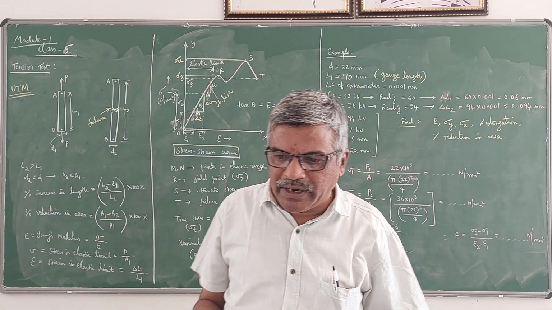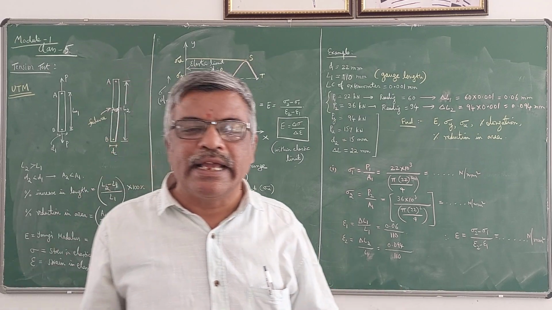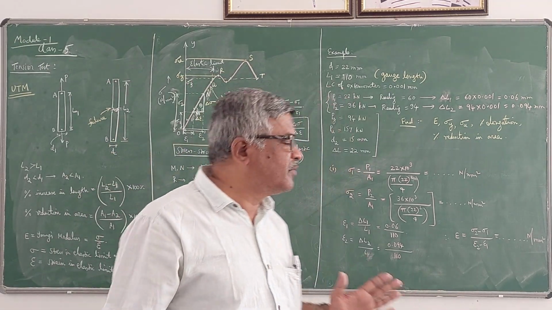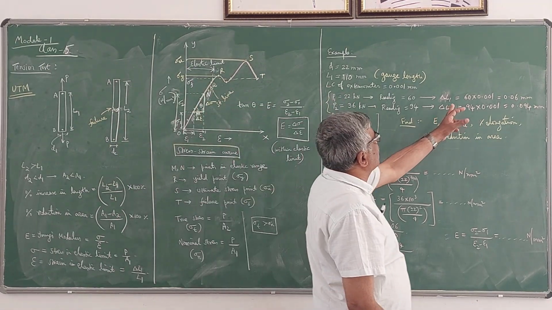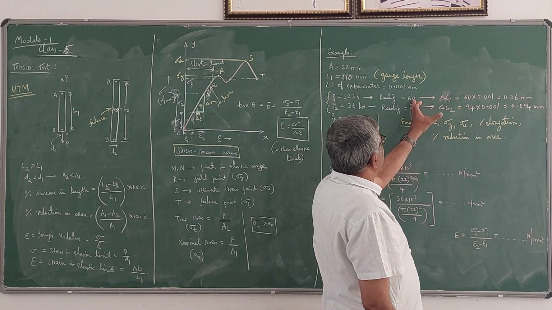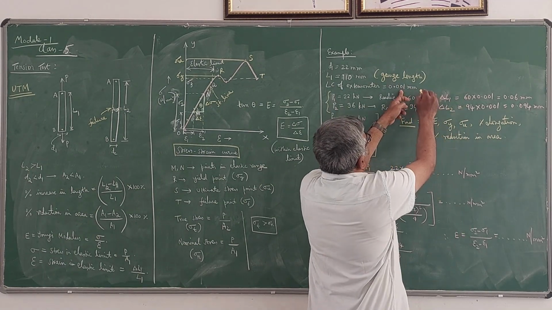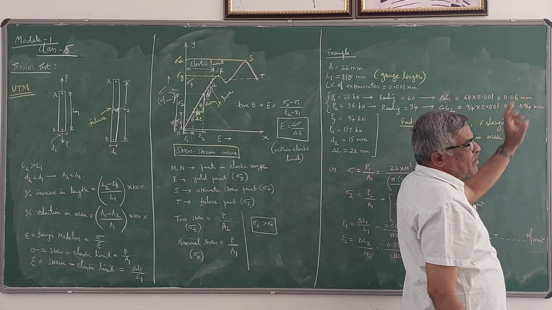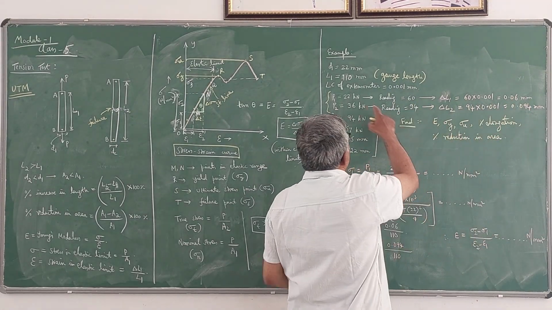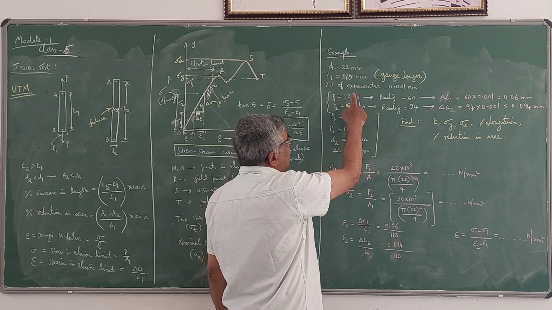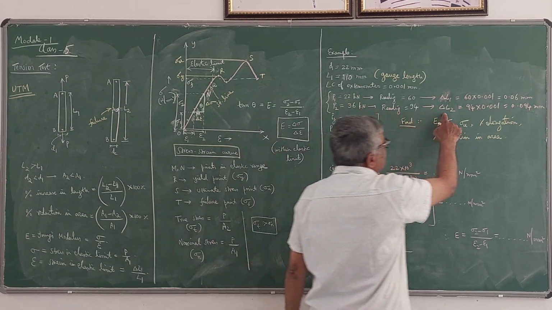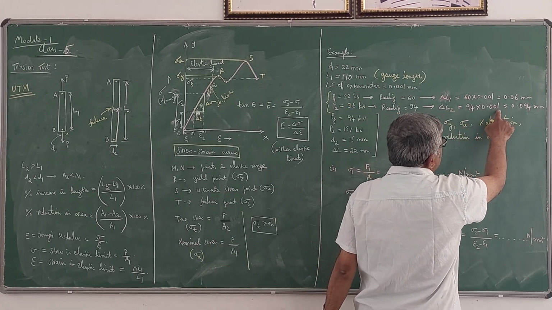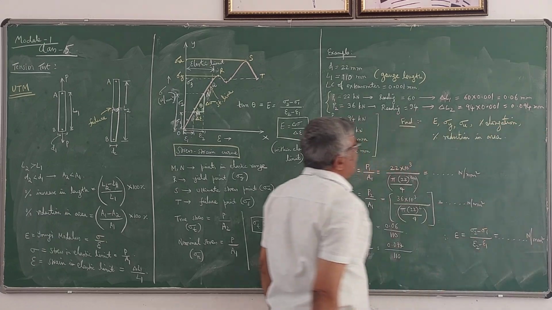By multiplying the reading by the least count of the extensometer, you get the elongation. Here 60 is the reading and the least count is 0.001 mm, so you get 0.06 mm. That is the elongation when the load is 22 kilonewton. When the load increases, the elongation also increases: 94 into 0.001 gives 0.094 mm.